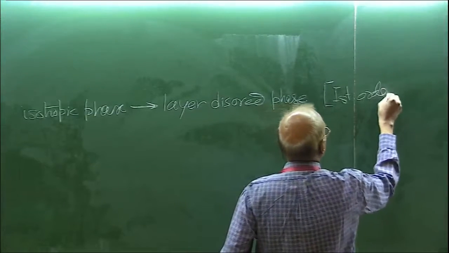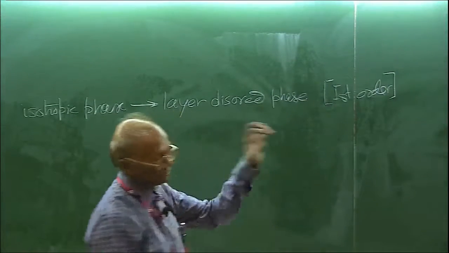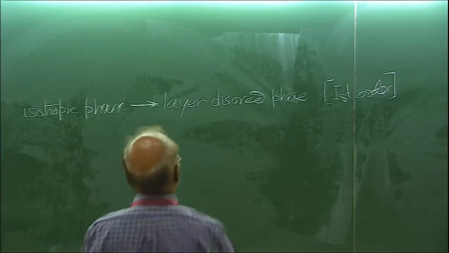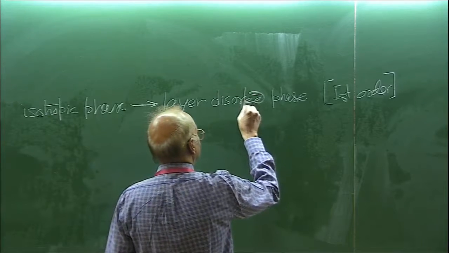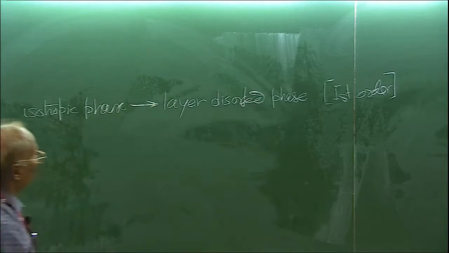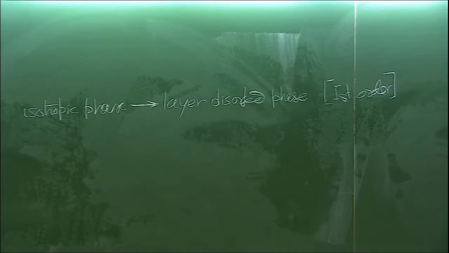There is a jump in density when you work in the constant activity ensemble. So what is this layered disordered phase? The layered disordered phase consists of all the rods kind of lying in some planes which are parallel to each other.